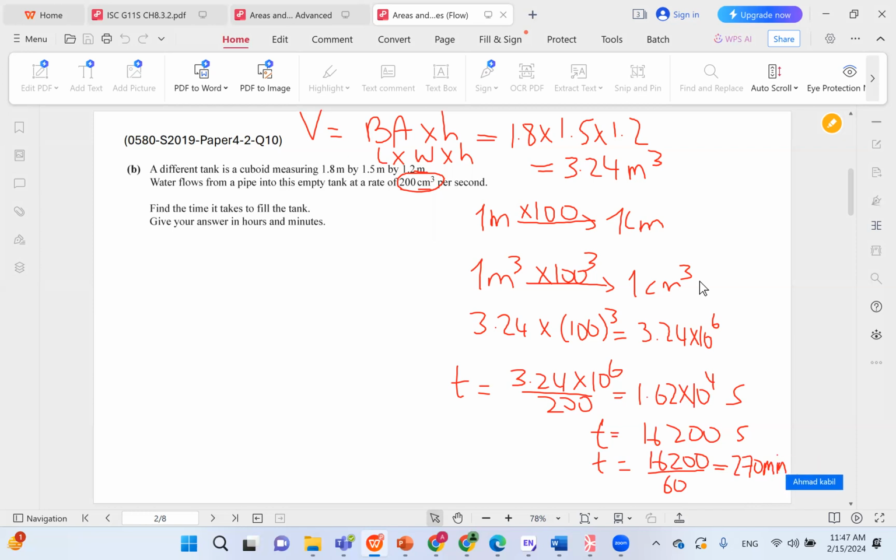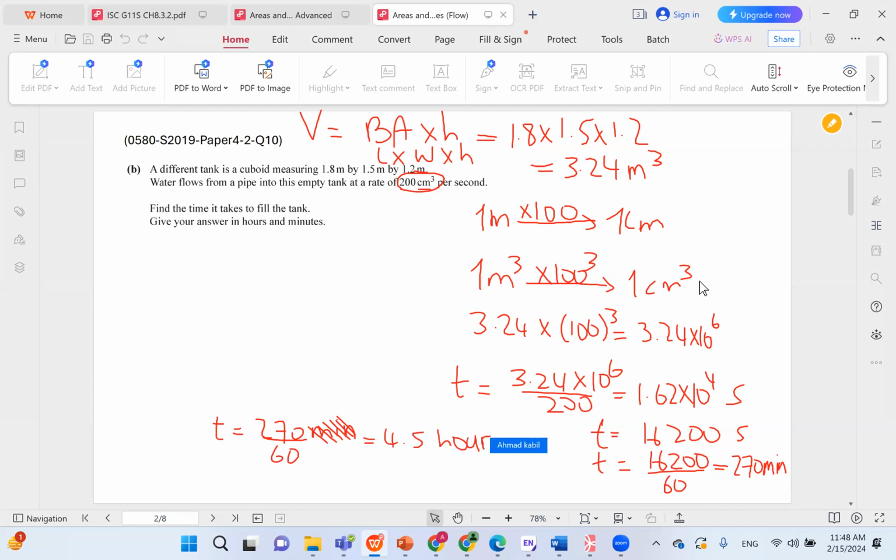And then we want to convert the minutes into hours. So 270 minutes, again, divided by 60. So instead of minutes, now we have hours. We have 270 divided by 60, which gives us 4.5 hours.